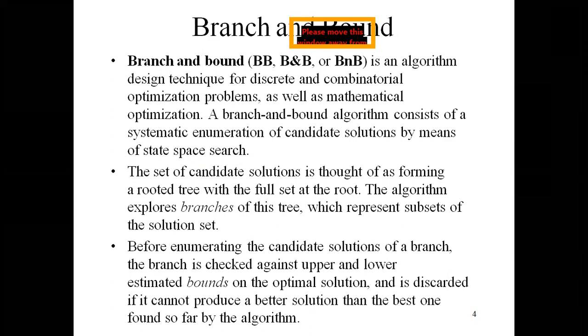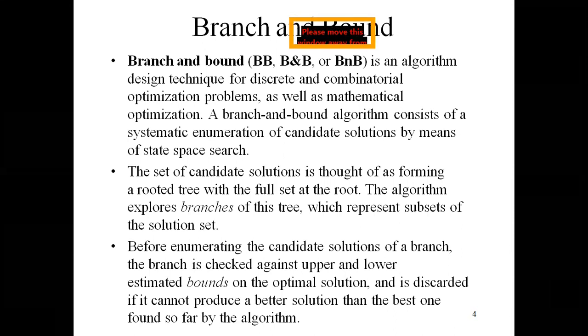The set of candidate solutions is thought of as forming a rooted tree with the full set at the root. At the root, we are taking the full set. The algorithm explores branches of this tree, which represent subsets of the solution set.